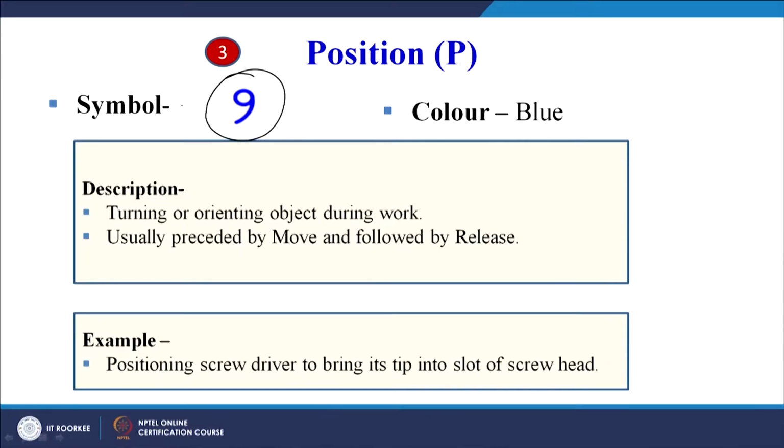Then the position, that is the next therblig symbol given. Turning or orienting object during work, usually preceded by move and followed by release. Suppose this pen is here. Let us see what we mean by position. First one is move. So my hand moves to this particular pen.